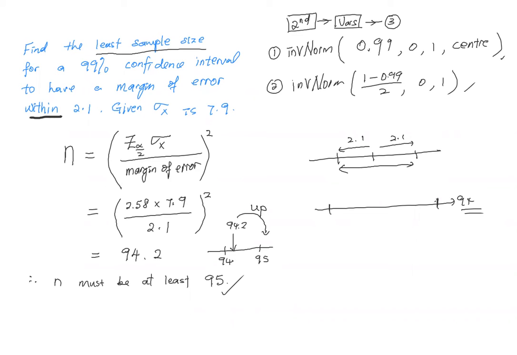Okay, good. So you go and be in charge of your exercise 9.2. Now I want to teach you how to justify a claim using a confidence interval. So we are going to do exercise 9.3.